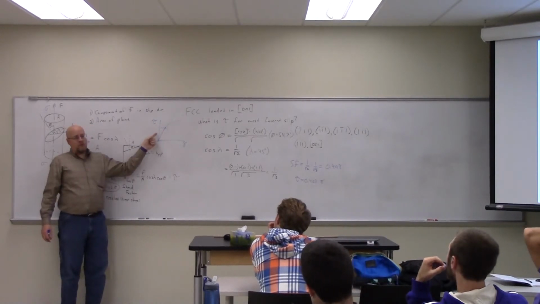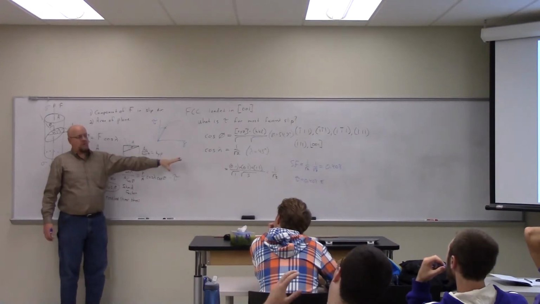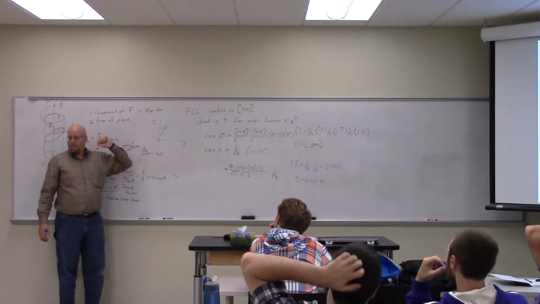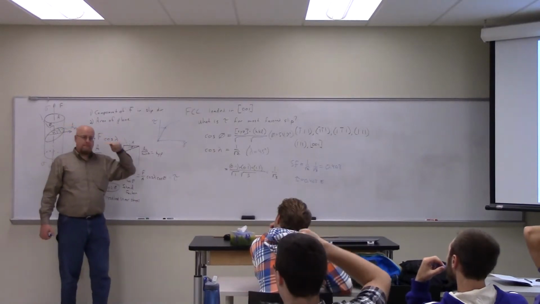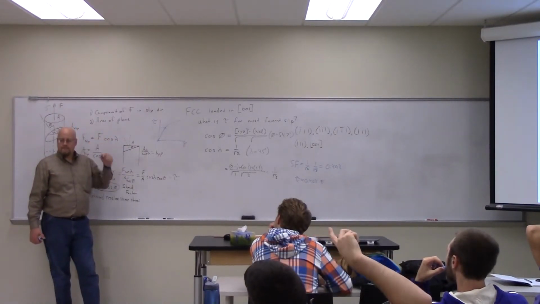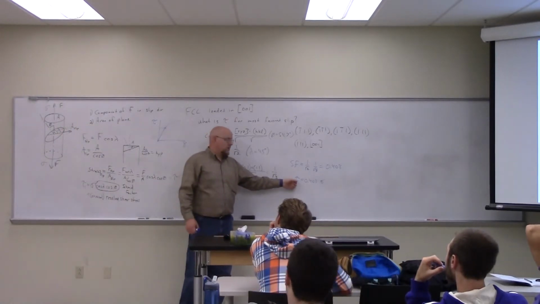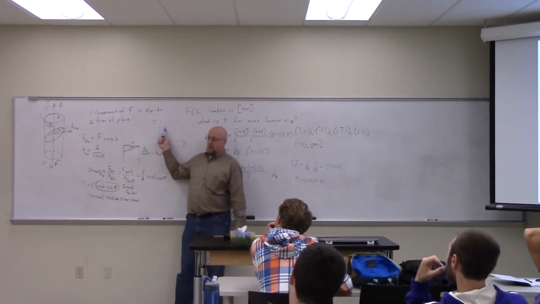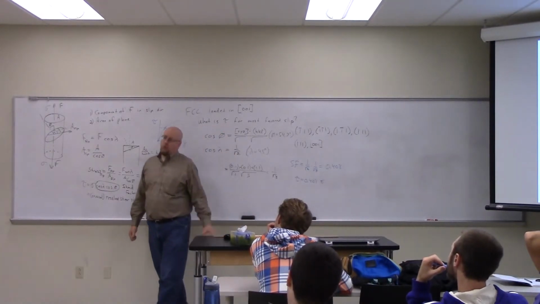If the yield stress in shear is 20, then I know I'm safe. It's elastic. I haven't caused any deformation. This calculates the actual stress. You then have to go back and compare it to the material properties to find out how the material is going to respond to that stress.